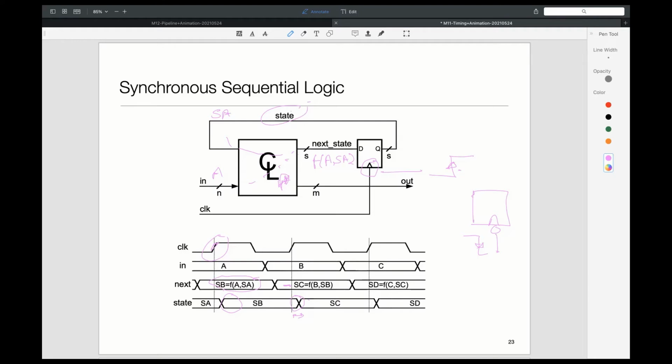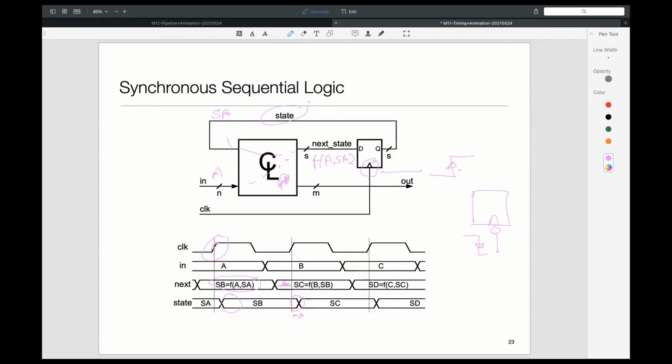And if the input to the state register, namely next state, is changing at that time, then all hell can break loose. So we have to make sure that whatever input we are trying to capture into the state register remains stable in this period, for some time. And that will depend, as we'll shortly see, on the flip-flop itself. So these two things matter.